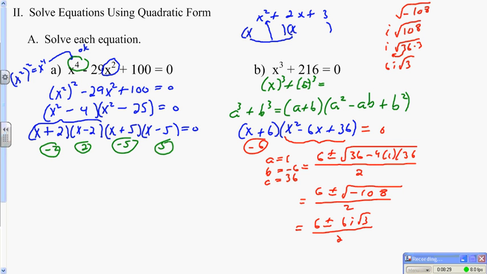Now they all have something in common. They can all be divided by 2, which gives us 3 plus or minus 3i root 3. So if it was a cubic function, we could have up to 3 solutions, and we have one solution right here, real, and then 2 unreal solutions. I'll stop that here, and this is the end of part A.